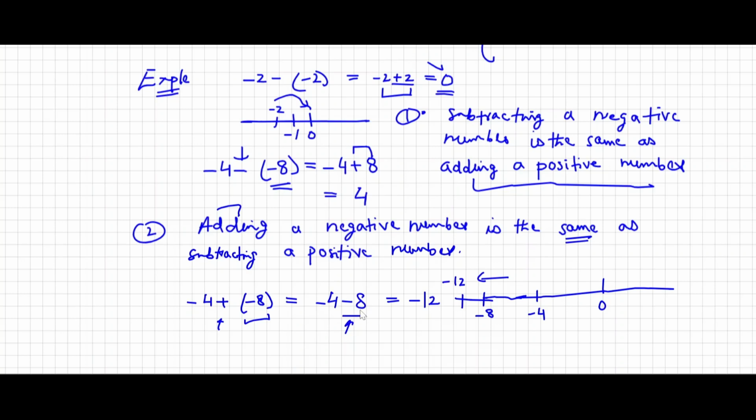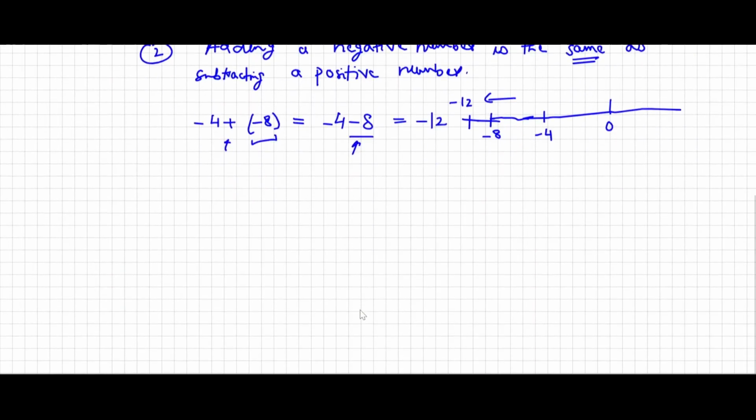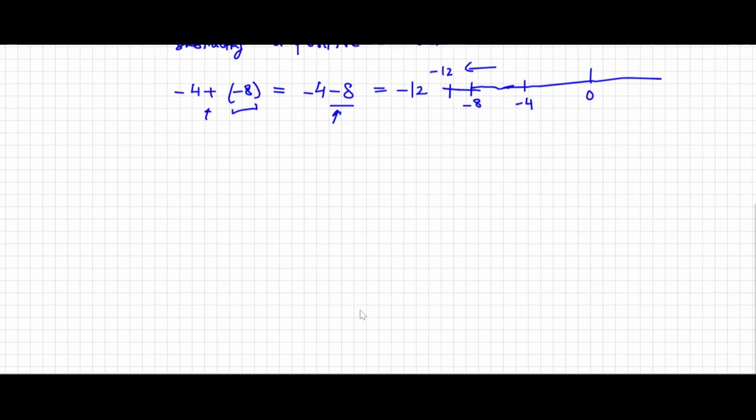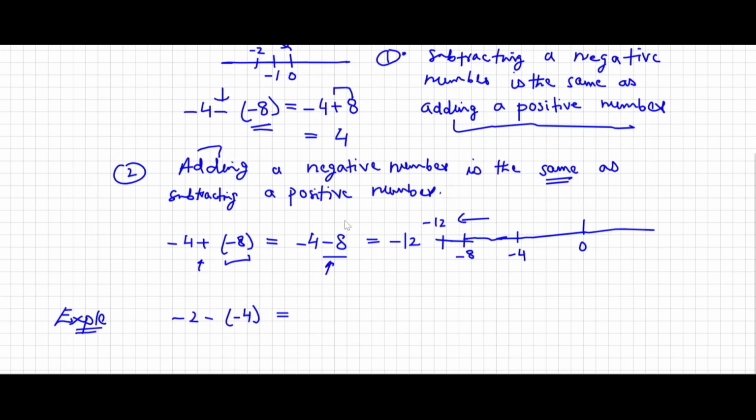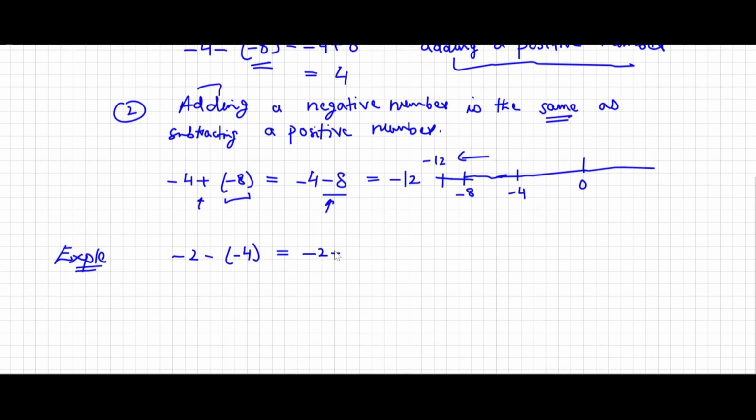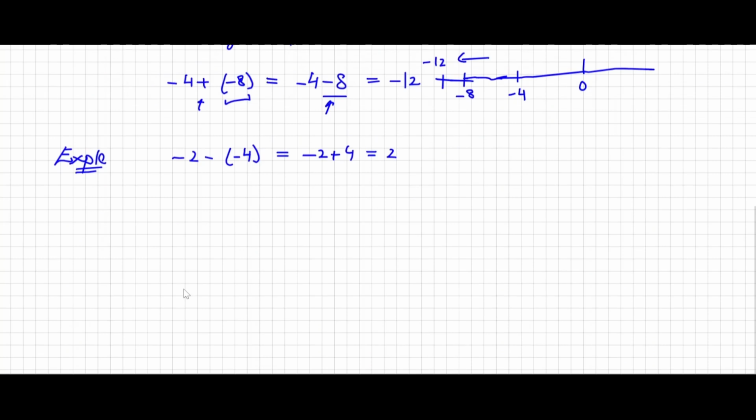Let me clear some more with examples now. Let's suppose we have the number -2, and we are subtracting a negative number. Subtracting a negative number is the same as adding a positive number. So it becomes -2 plus 4, and we will get 2. Simple.